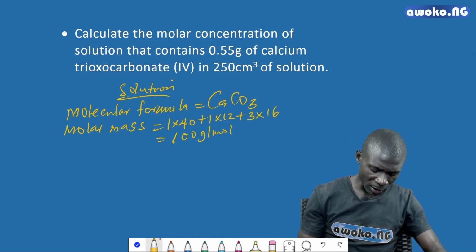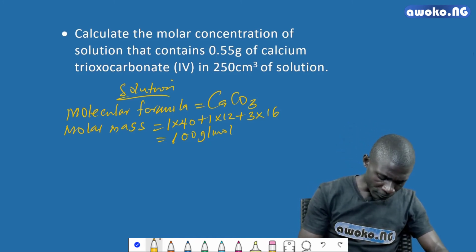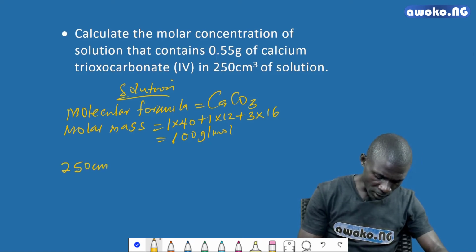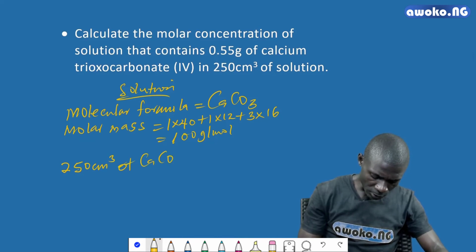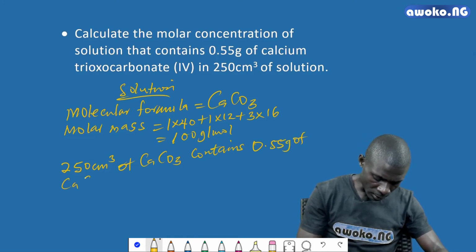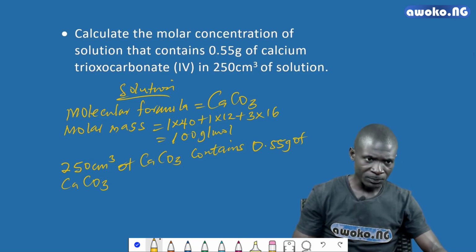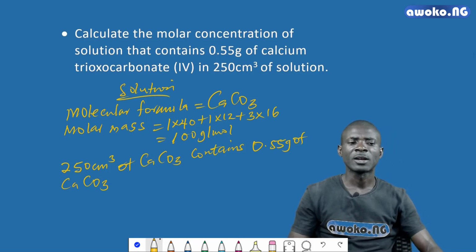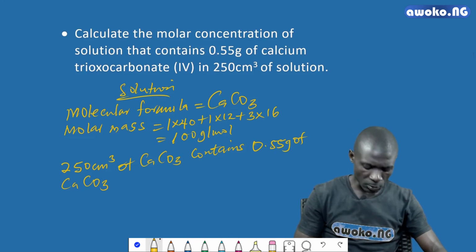Okay, so we can simply say, if 250 cm cube of CaCO3 contains 0.55 grams of CaCO3.